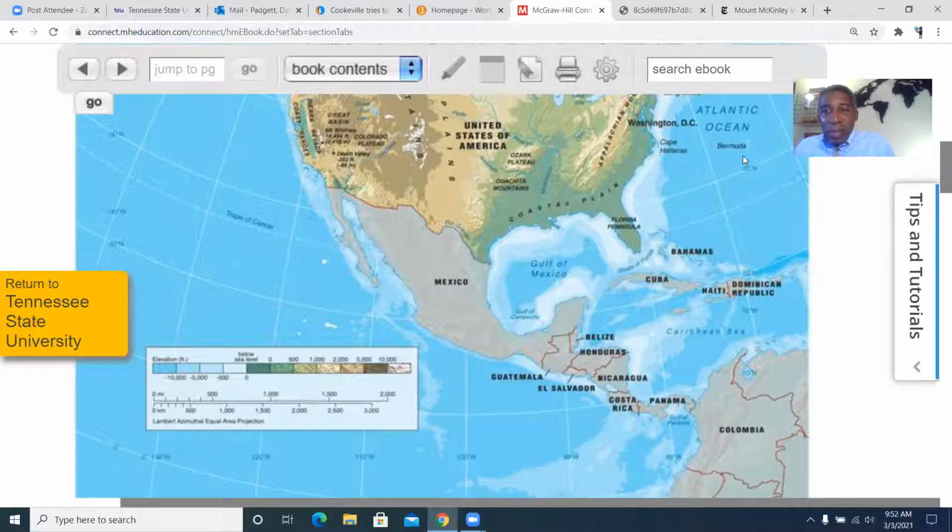Anybody see any mistake on this map? Anybody notice a mistake? Anybody?